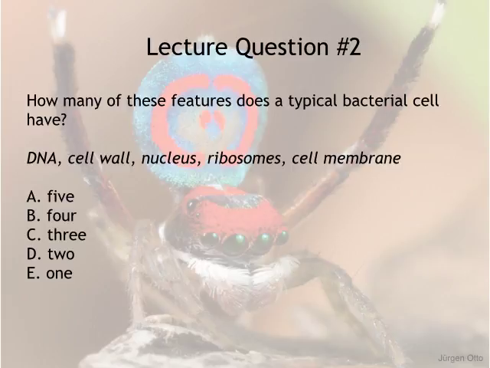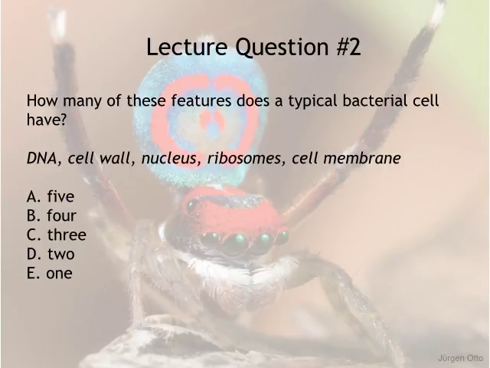Do they have a nucleus? They do not. So bacteria are prokaryotic. Prokaryote means, pro means before, karyotic means nucleus. So prokaryotic cells, such as bacteria, are cells that are thought to have come about before cells had nuclei. Okay, do they have ribosomes?